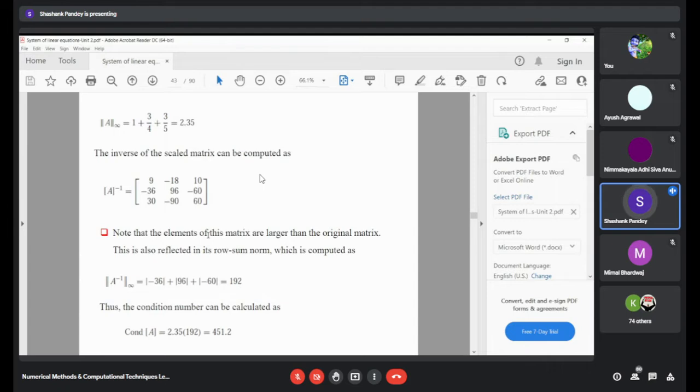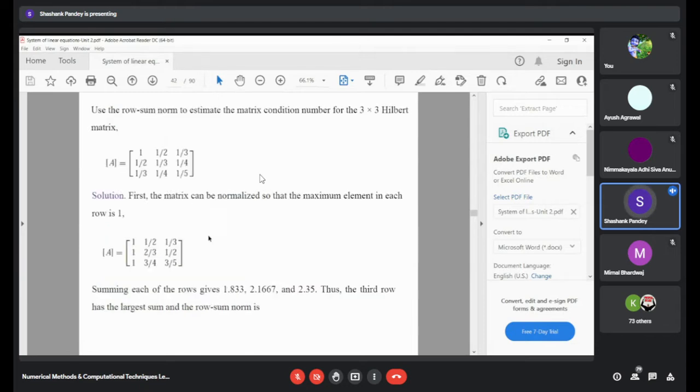Please wait, let me look. Have a look at this. Normalizing means this: we are making the matrix normalized so that the maximum element in each row is 1.